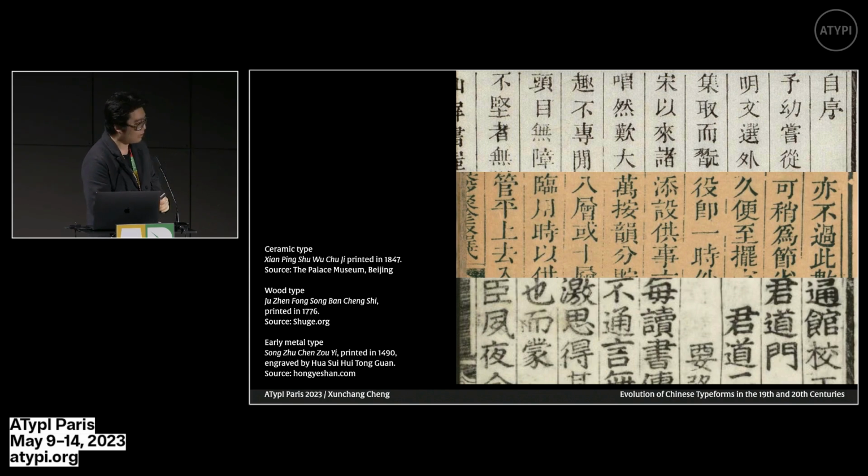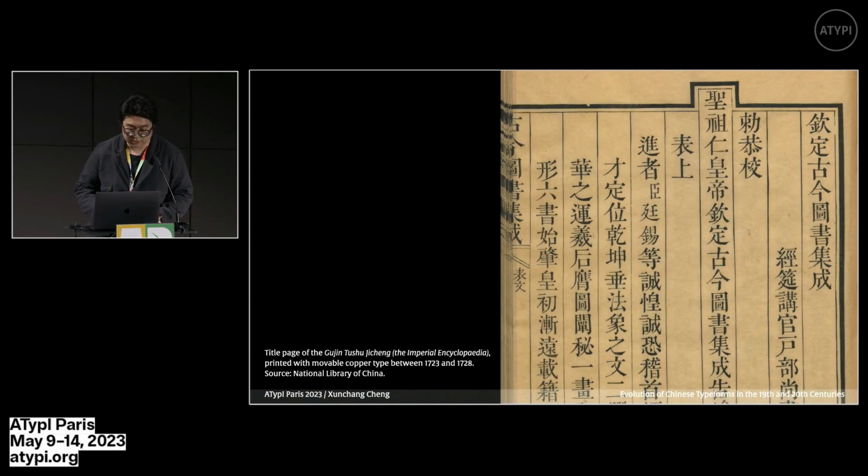And the last one is an early Chinese metal type. You can see the strokes are not even, and some are absorbed by the paper, because at that time in China the ink could not adhere to the metal surface, so they got this different texture.